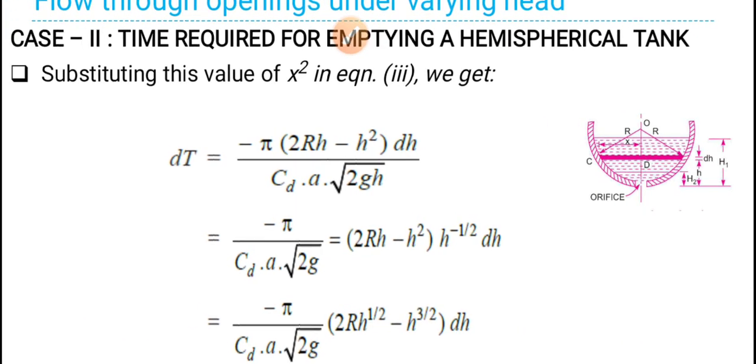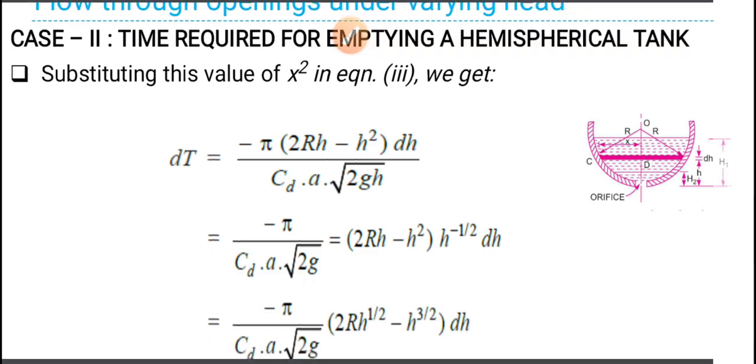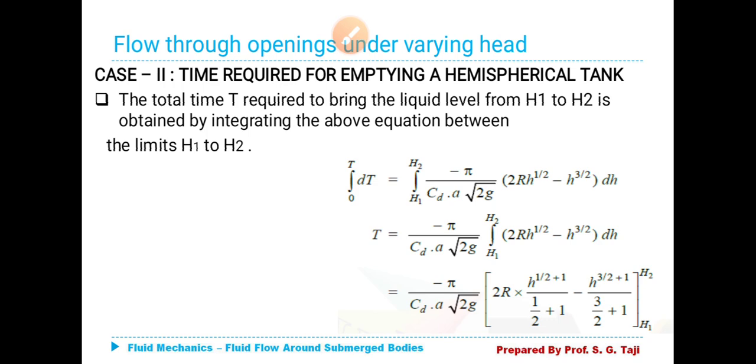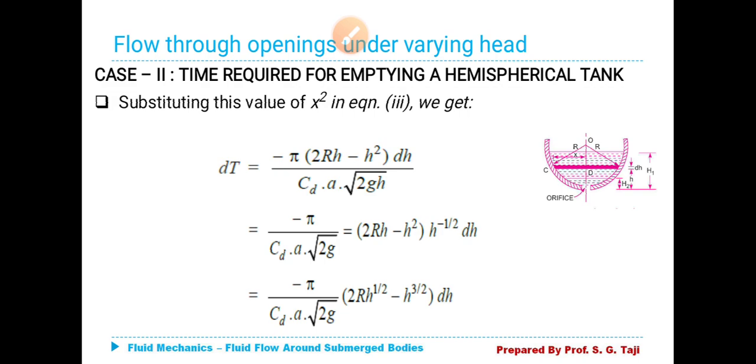Substituting this value of x squared in equation 3, we get dt is equal to minus pi into (2Rh minus h squared) dH divided by Cd A root 2gh, is equal to minus pi by Cd A root 2g, these are all constant, multiplied by (2Rh minus h squared) h to the power of minus half dH, that is equal to minus pi by Cd A root 2g whole multiplied by (2R h to the power of half minus h to the power of 3 by 2) dH.